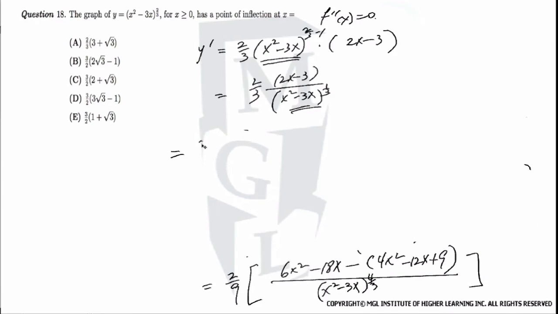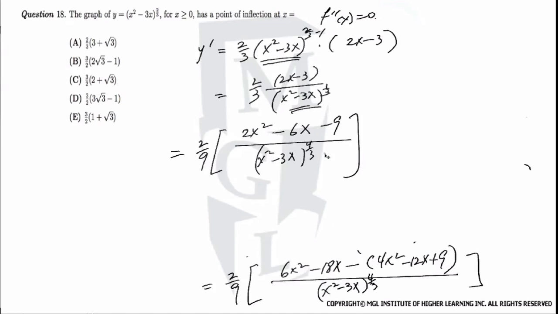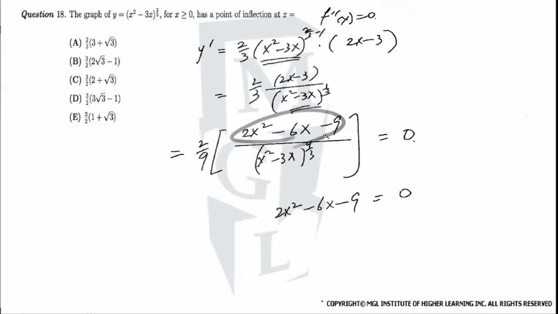Okay, so we just have to collect the like terms. 6 minus 4, that gives you 2x squared, minus 18 plus 12, that gives you minus 6x minus 9. Okay, so where does this equal to 0? The only thing that matters is this guy at the top.